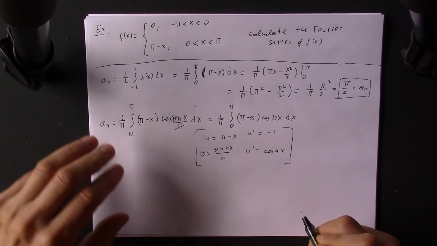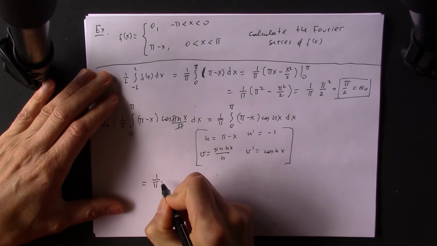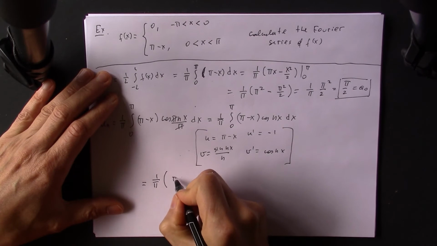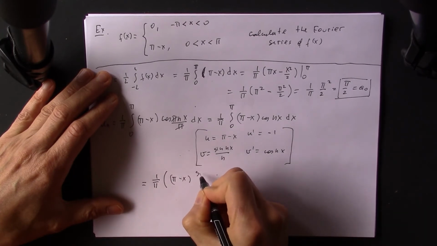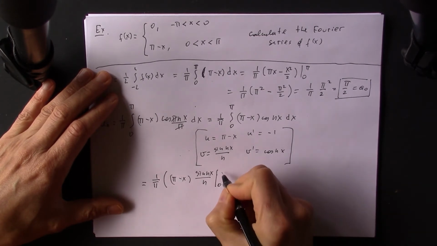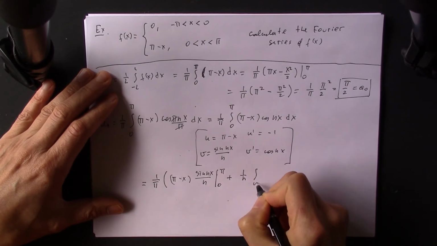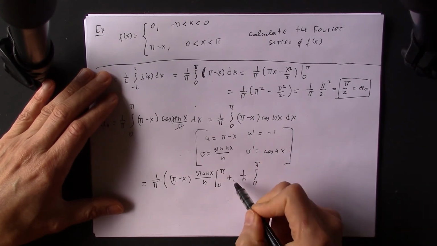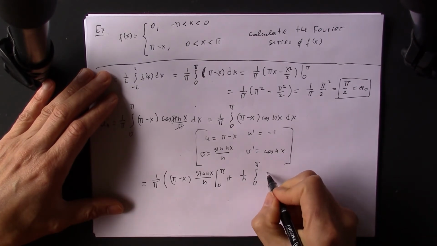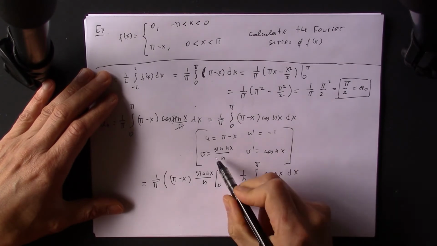So we're going to get 1 over pi, u times v, pi minus x times sine of nx over n, and we do it from 0 to pi, plus 1 over n, integral 0 to pi. It's plus because minus minus gives you plus, sine nx dx, because u prime times v.